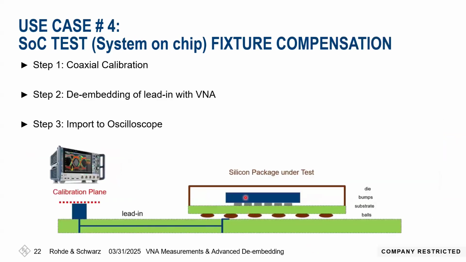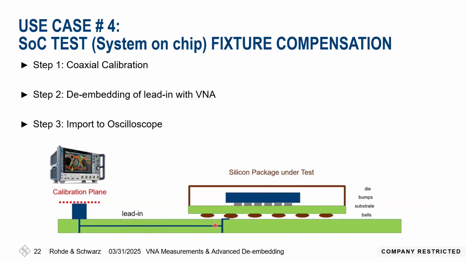Another use case would be the chip, or we usually say system on chip, SoC test. We have the oscilloscope over here to see the response, and we need to measure this silicon package, which is on the chip. And we need to basically de-embed this lead-in structure.